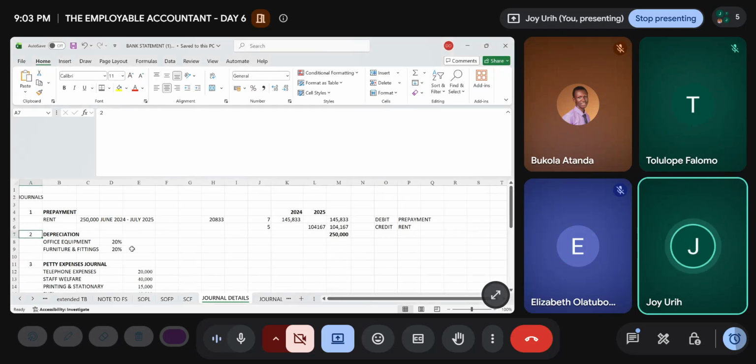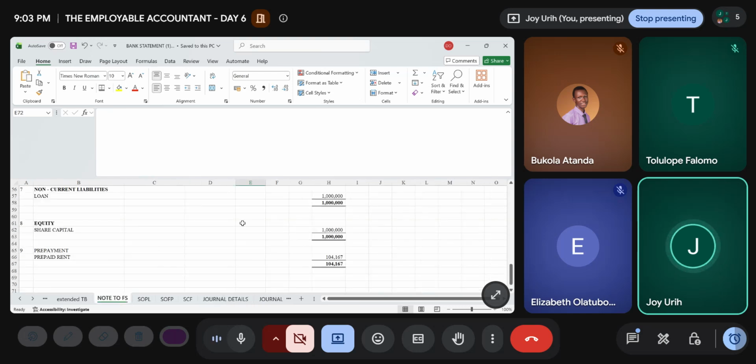So now the assumption is that the assets are depreciated on a 20% straight line method, which means the asset has 5 years useful life. The useful life of the asset is 5 years. Okay. So what we are going to do is to take 20% of the cost.